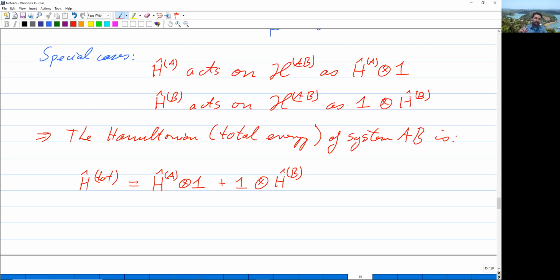But what if the two systems are capable of interacting with each other? Well, if the two subsystems are able to interact with each other, for example, one is an atom and the other one is an electron, well then does the total energy of the combined system only depend on the energy of the atom and the energy of the electron?